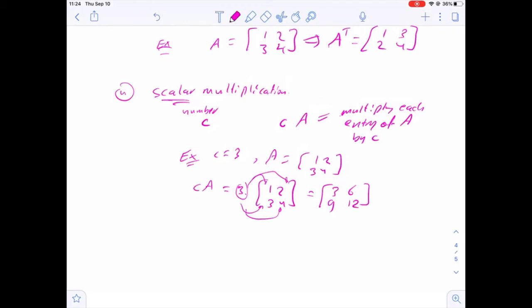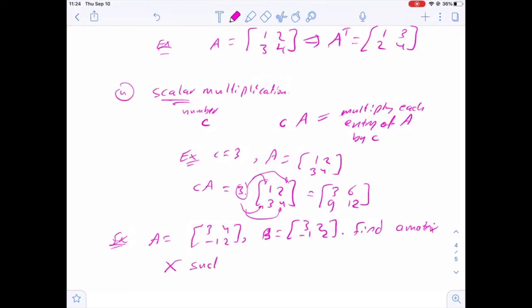Now let's take a general example. If A is equal to 3, 4, negative 1, 2, and B equals 3, 2, negative 1, 2, we want to find a matrix X such that 2X plus B equals 3A.